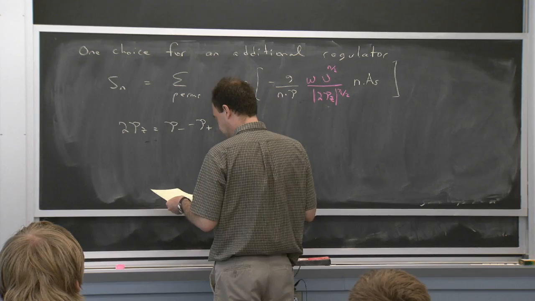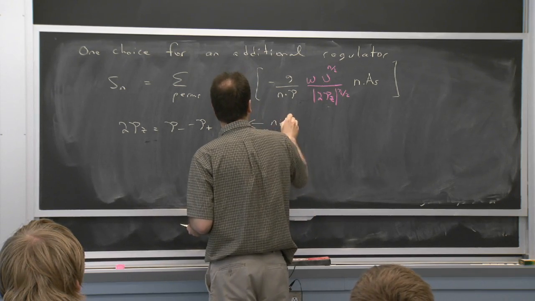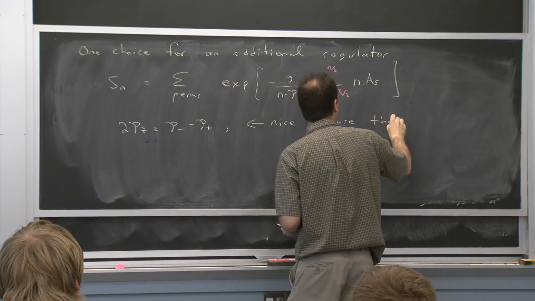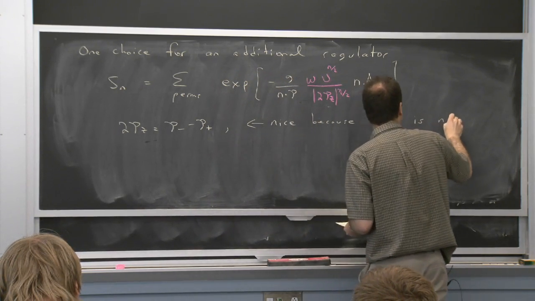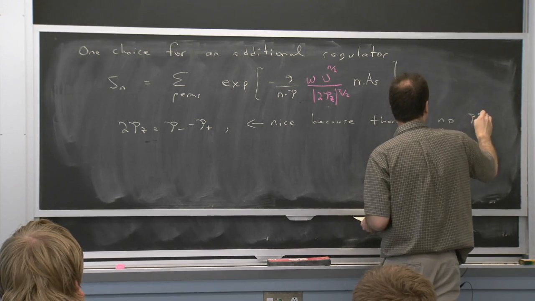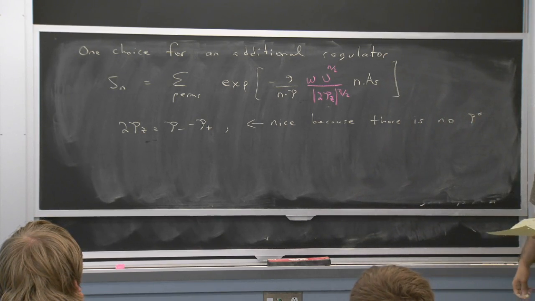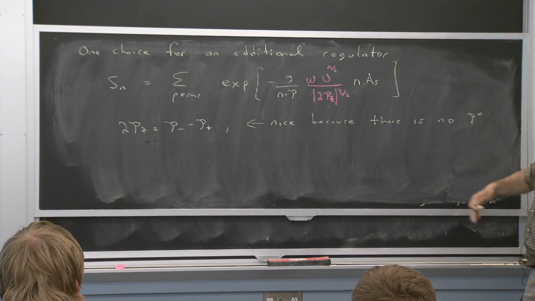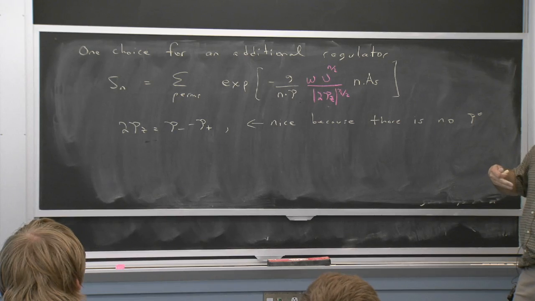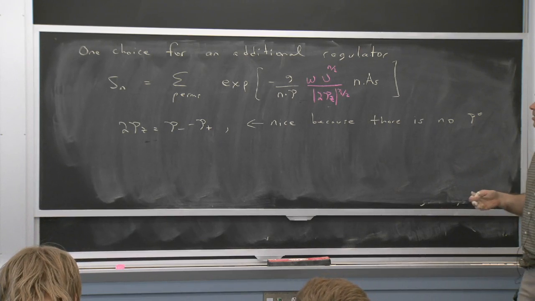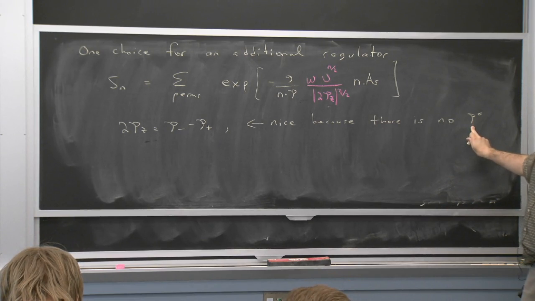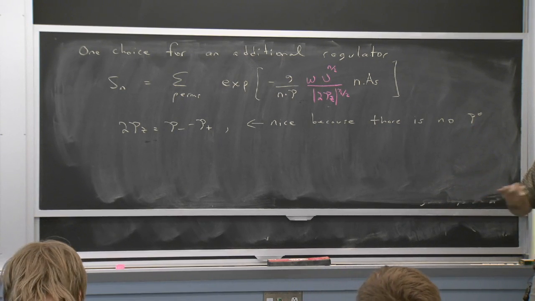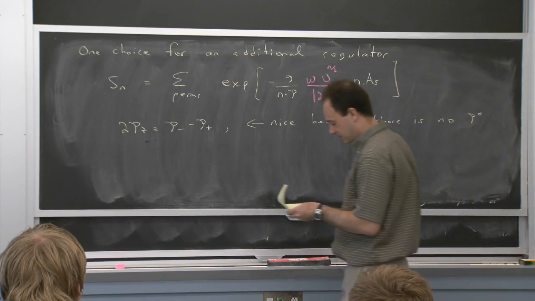So this is nice because there's no p0. It's the combination of p plus and p minus that you can form that doesn't have the p0, which is energy. And remember that the poles in p0 are related to things like quarks and antiquarks. They're related to unitarity. So not messing up the structure in p0 means that you'll be fine with unitarity, fine with causality. You're not messing up a lot of nice things about the theory.